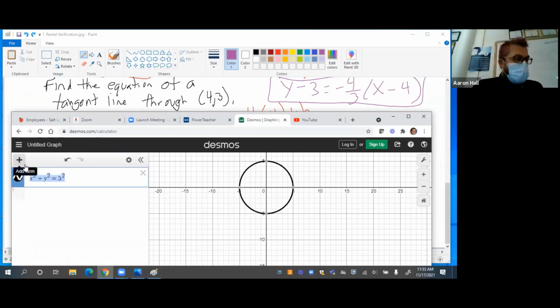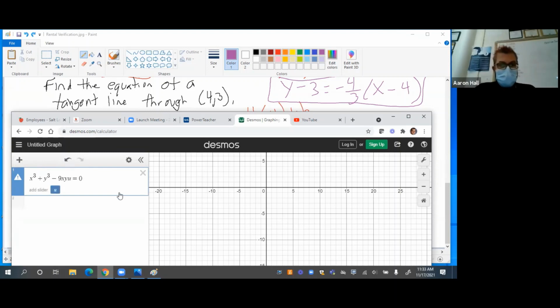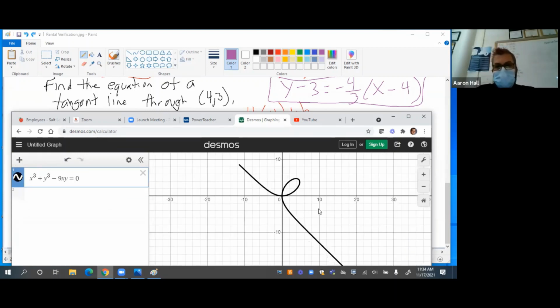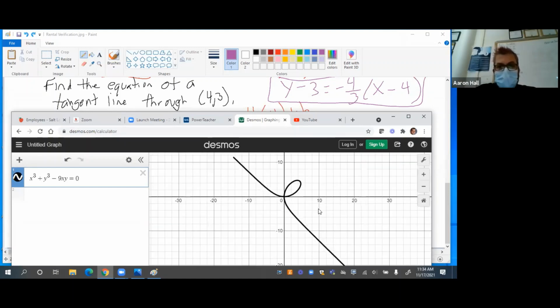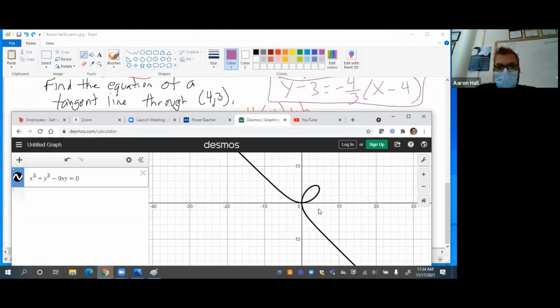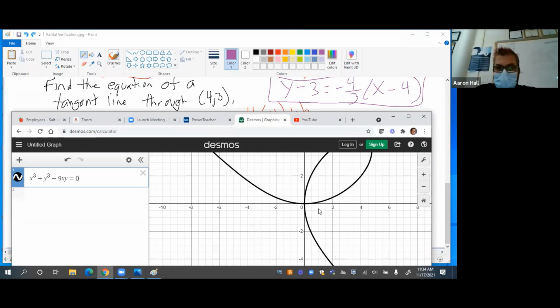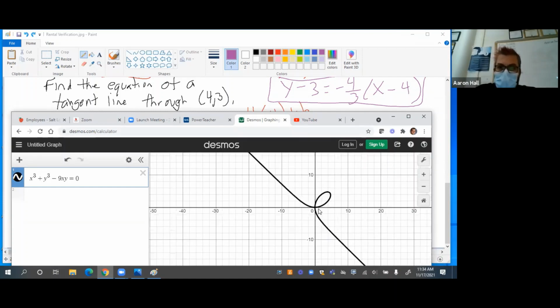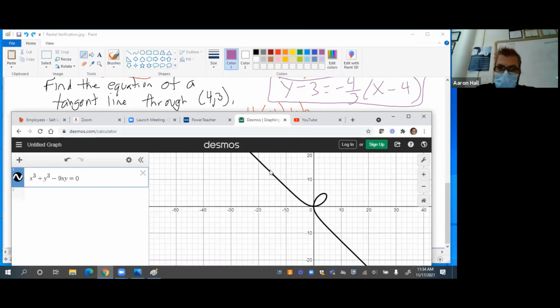So in fact, this is our next one that I want to do: x cubed plus y cubed minus 9xy equals 0. For most of the graph, it looks like if I knew the x value, that's enough.